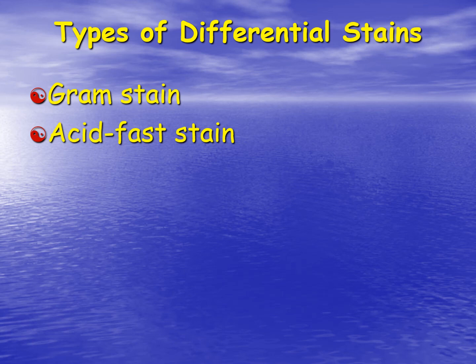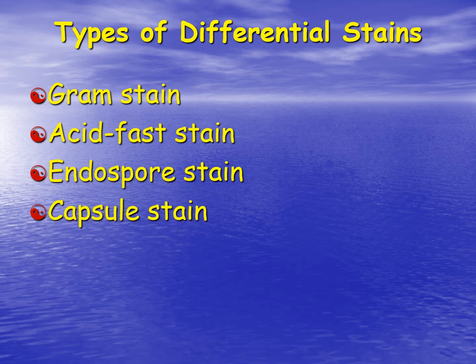Acid-fast stain is a differential stain that looks at a particular group of microorganisms called the acid-fast bacteria. Endospore stains will highlight endospores in those bacteria that can actually produce endospores. Capsular stains, just like I showed you a second ago, will highlight the capsule that some microorganisms can produce.